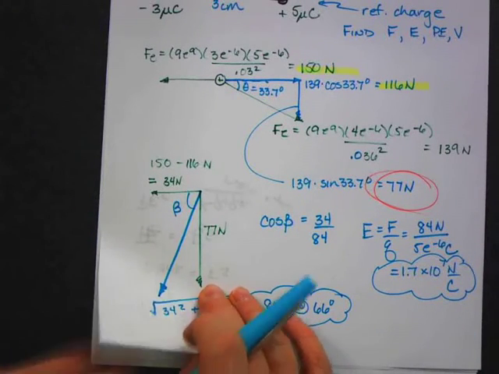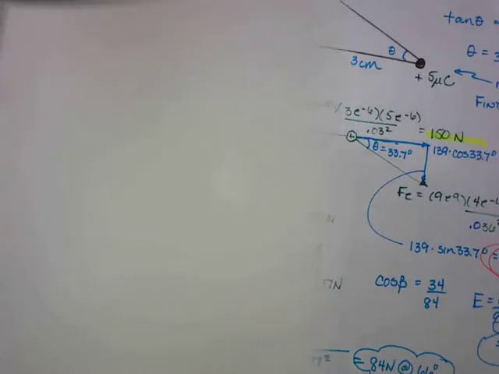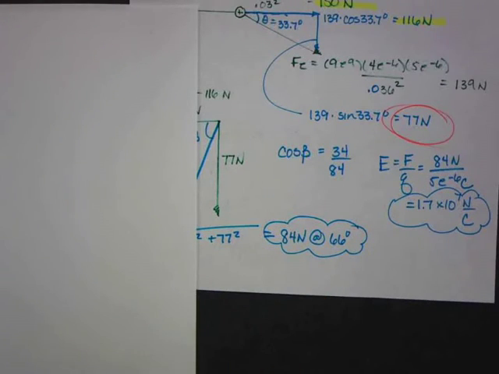That's 2 down. So now you've never really seen how to solve for potential energy and voltage.